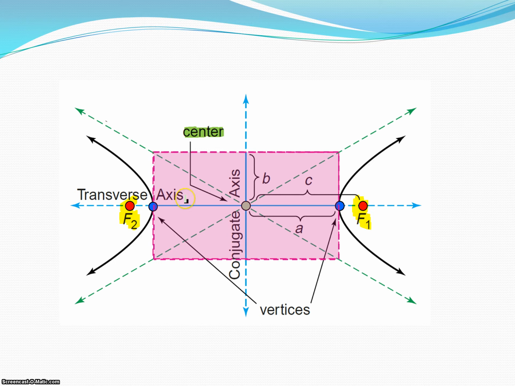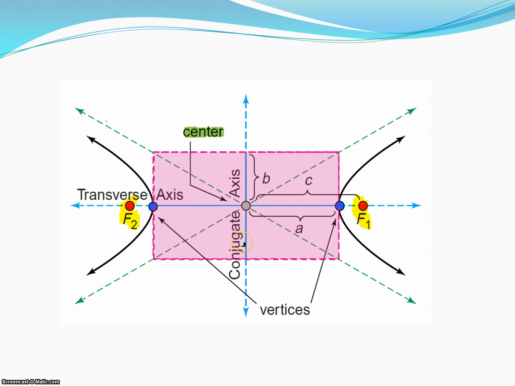And we create these two by finding values from our equation. Remember that in an ellipse, a and b were sort of like the distance up and the distance over, or how tall and wide the ellipse was. This is going to give us how tall and wide to make this pink box.